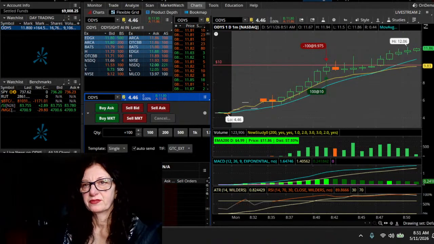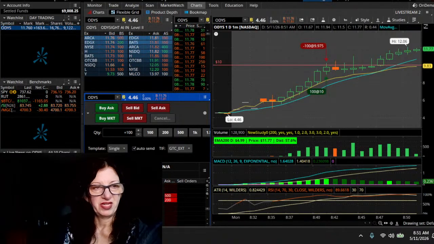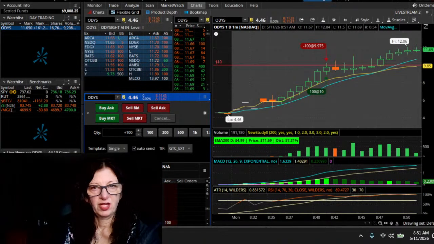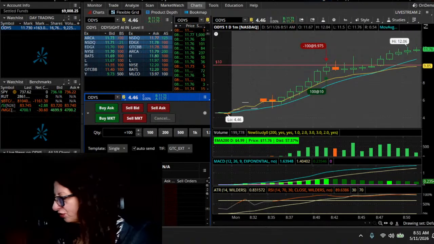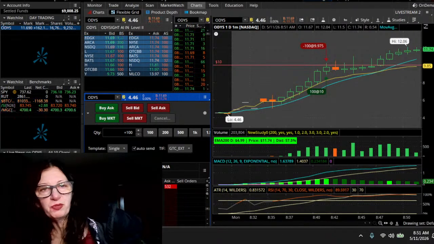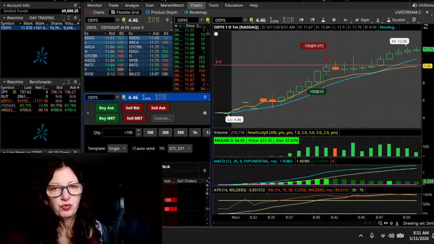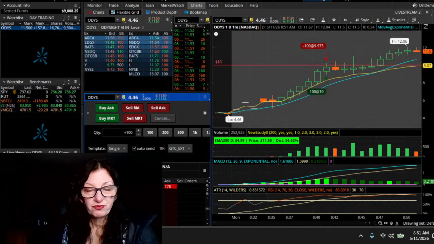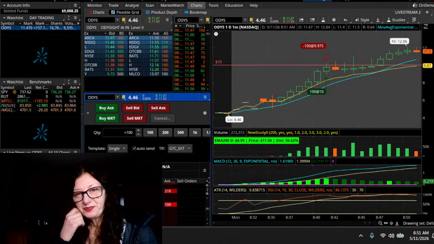So let's see. So how many of you use Webull? I've been learning Webull. I want to use Webull to trade the 4 to 7 a.m. window when I'm traveling.